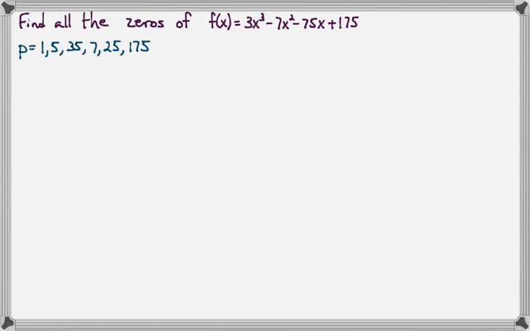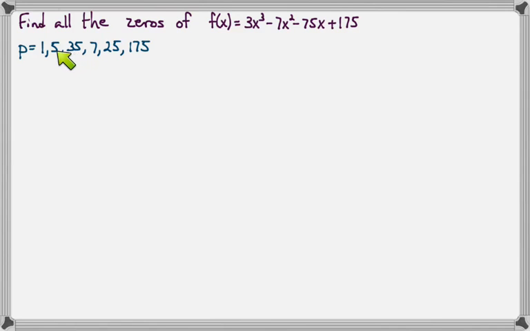We have to use the P over Q list to find a list of possible rational zeros. Here are all my P numbers, all the factors of 175. The way I found these was I knew 5 would go into this number, so I did 5 divided into 175, and I found out that 175 is 5 times 35.